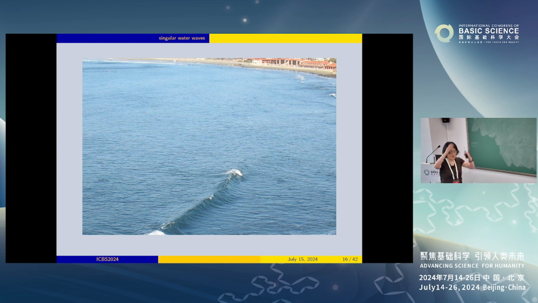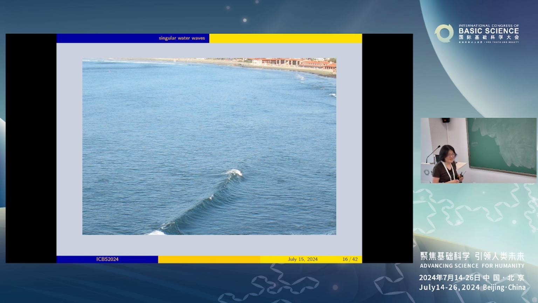With symmetry. Here are some photographs I took to convince you that there are waves like that. Since I need to move fast today, I'll just show one, in San Diego. This is a blow-up of a photo I took, and you can see the wave really is concave up on both sides, and there's a kink in the middle.